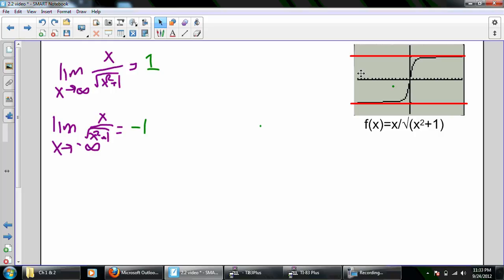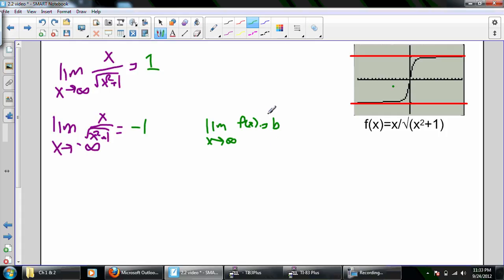So again, once more, you find the asymptotes when the limit of a function as x approaches infinity equals some number b. That b would be your asymptote. In this example, b was 1.